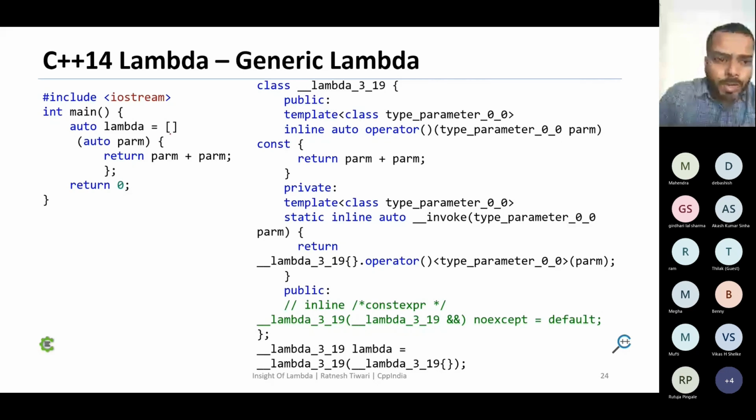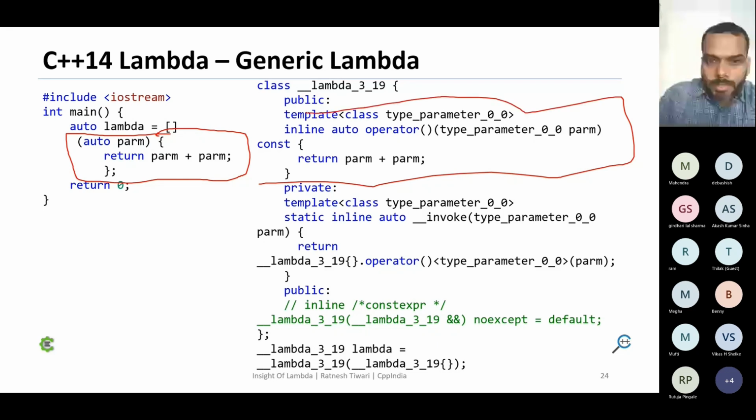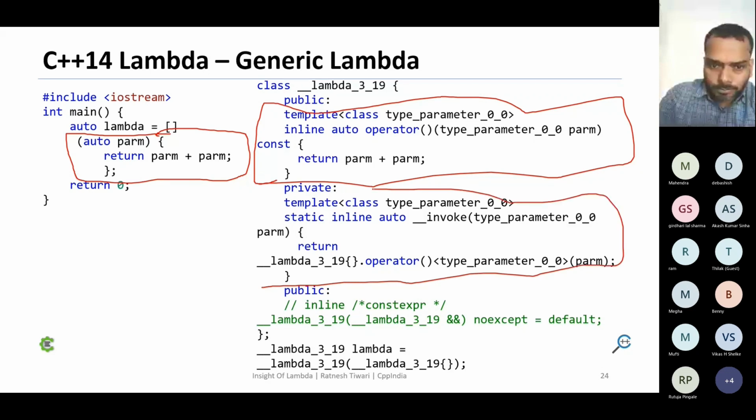The lambda function body, which is generic, becomes a template function inside the lambda. Similarly, the constructor is also templated. This one does not have a capture. Remember this invoke function pointer also becomes generic using the template.